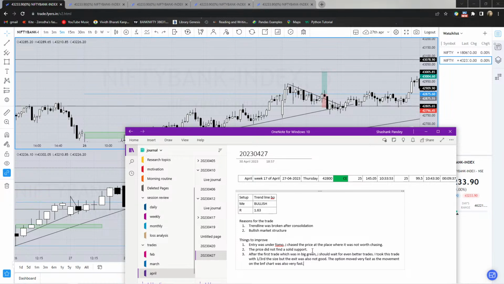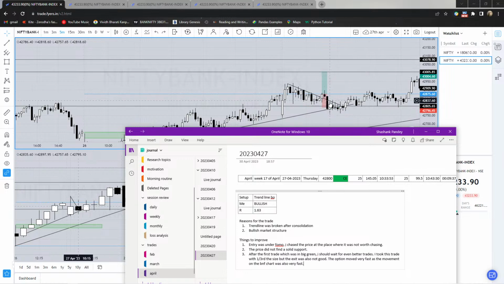So this is one of the biggest contributing factors to my stupid trade, because my entry was also not good. The entry was taken because of a fast up move and I entered into that. Because of that, the price I got was expensive.